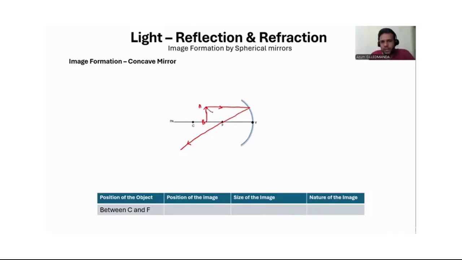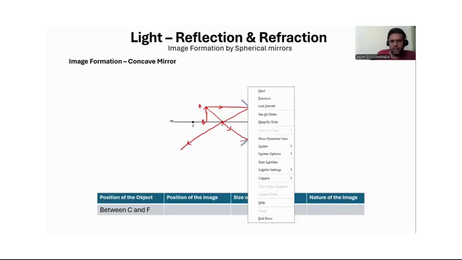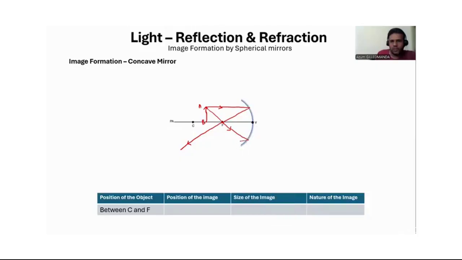Let's say there is another ray that is incident through the focus. If it is through the focus, what will happen? This will reflect parallel to the principal axis.